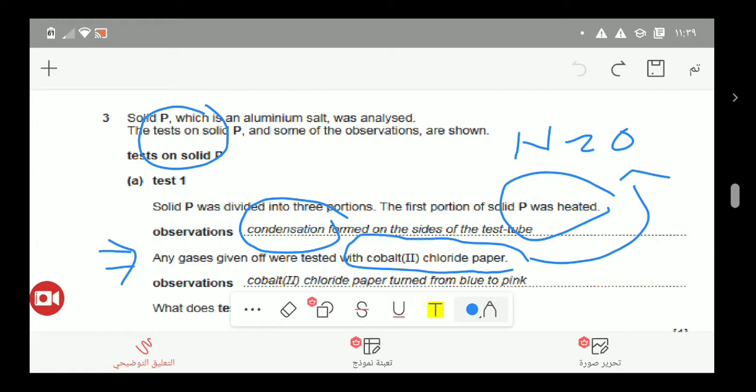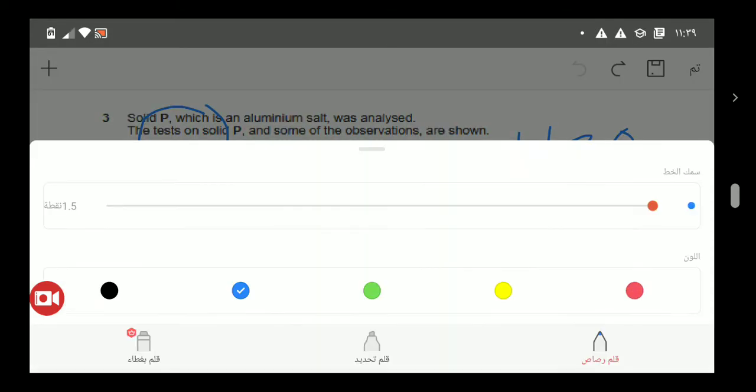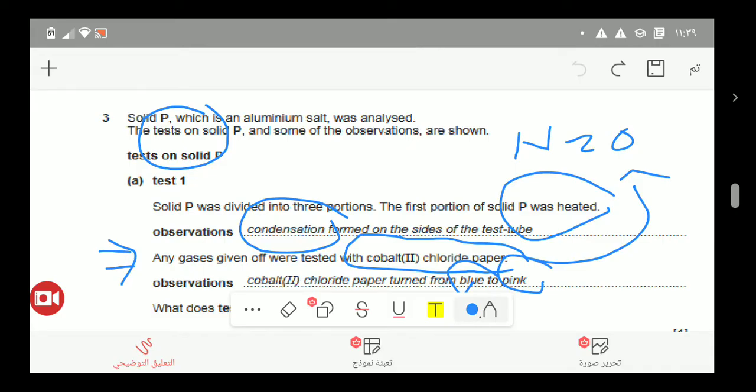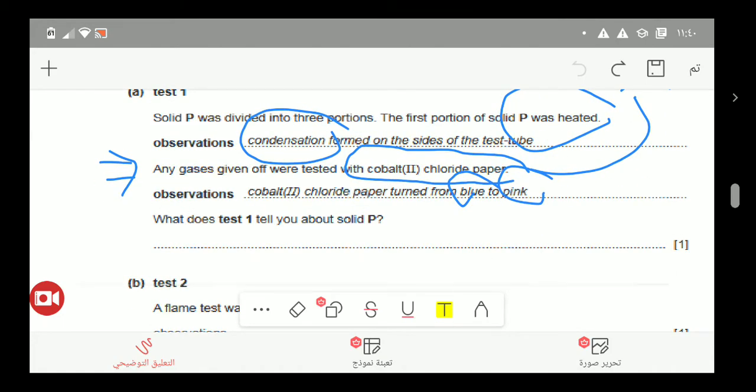Observation: cobalt 2 chloride paper turns from blue to pink. So what does test 1 tell you about solid B? Solid B contains H2O, water, because cobalt chloride changed from blue to pink.